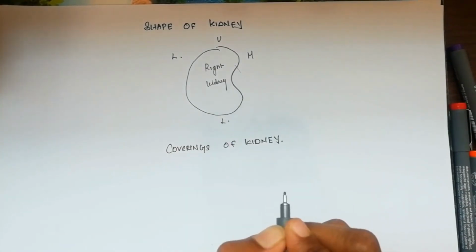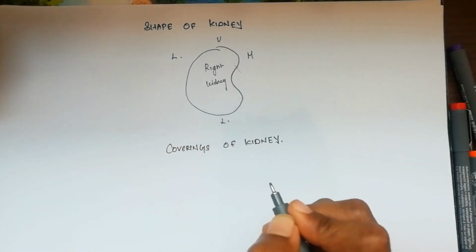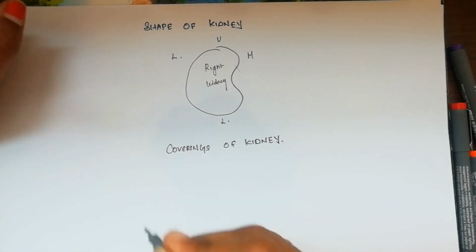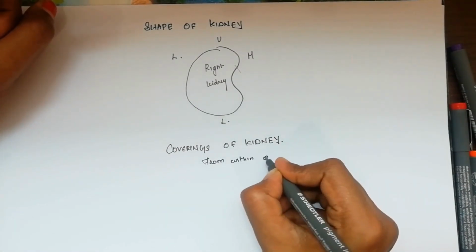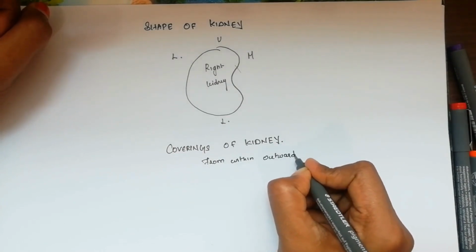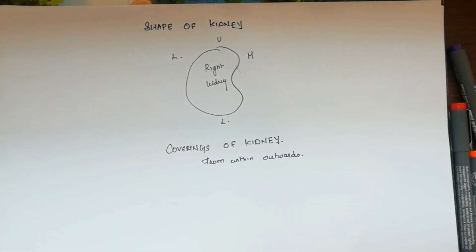So the kidney is covered by 4 layers. Those 4 layers, from within outwards, we are going to see. From within outwards, what are the coverings seen in the kidney? First, immediately covering the kidney, we have got the fibrous capsule.